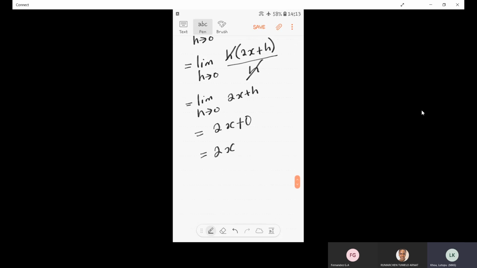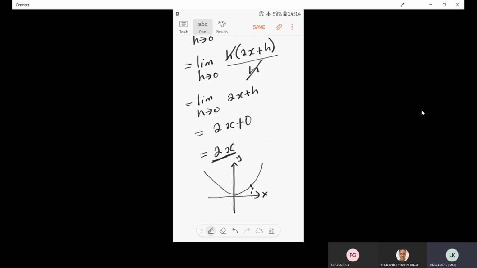Now this 2x means that if I want to work out the gradient at a point on the graph of x squared, and we know that x squared looks like this, it touches the x-axis, then I just use this formula: 2 times whatever my point x is.